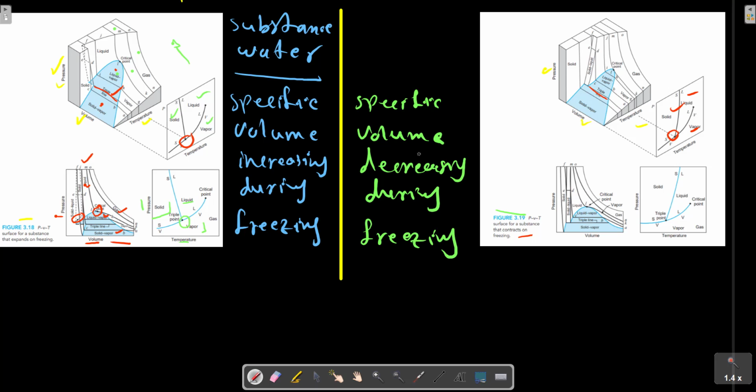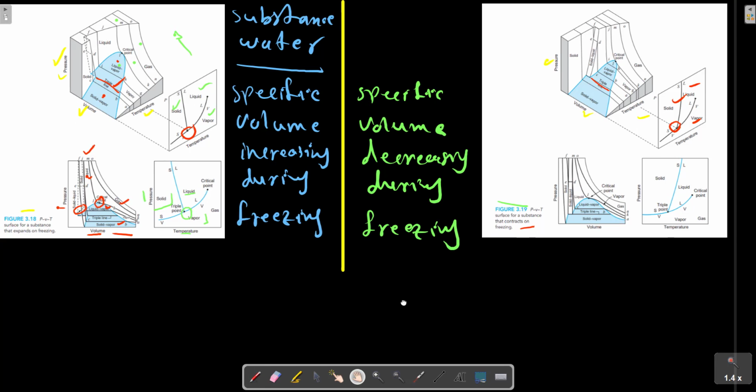The triple point appears as a line since the pressure and temperature of the triple point are fixed, but the specific volume may vary depending on the proportion of each phase.